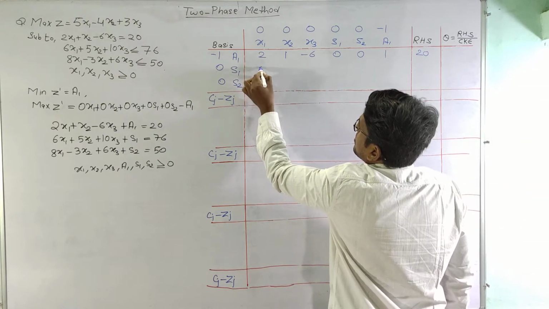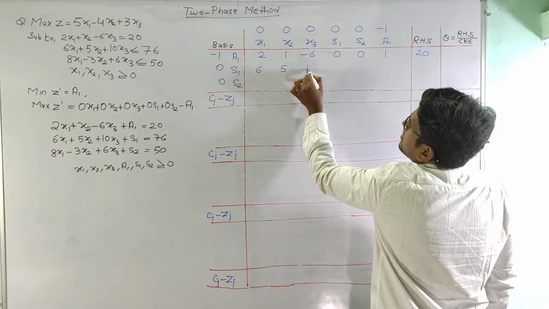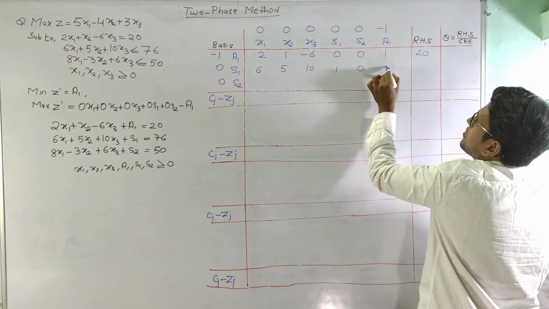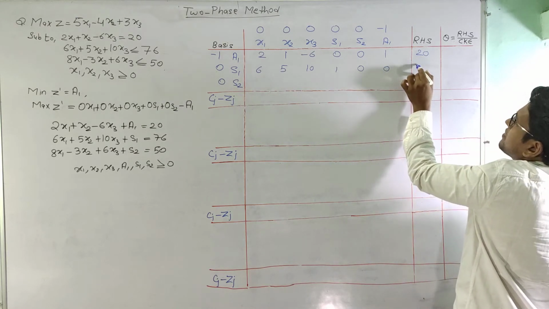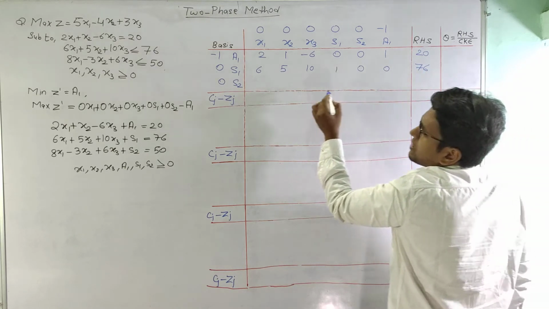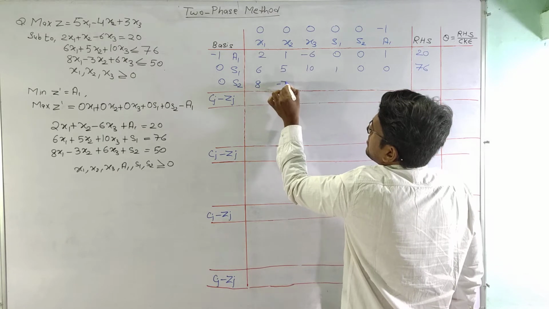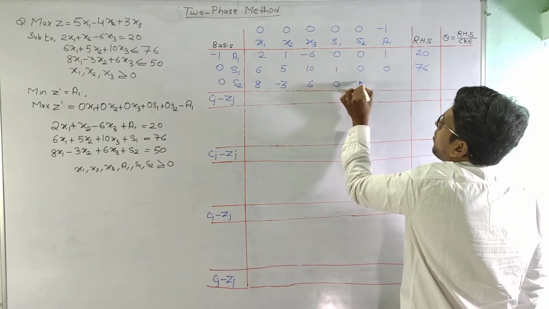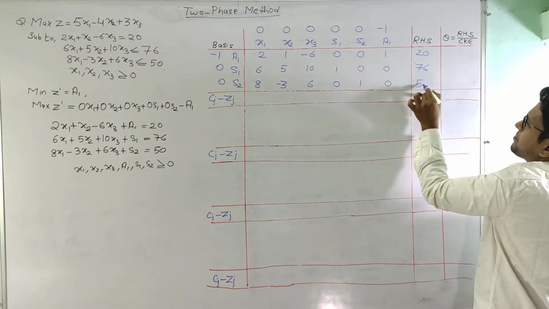Similarly 6, 5, 10, 1, 0, 0 equals 76, and 8, minus 3, 6, 0, 1, 0 equal to 50.